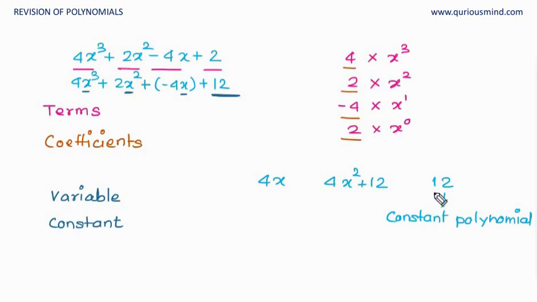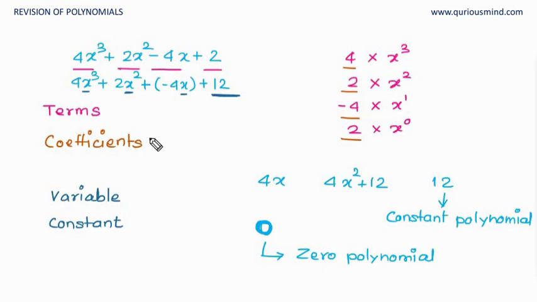There is no term which has a variable. So this is called a constant polynomial. And what is 0 called then? A 0 is called a zero polynomial.